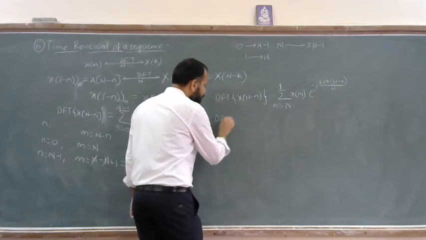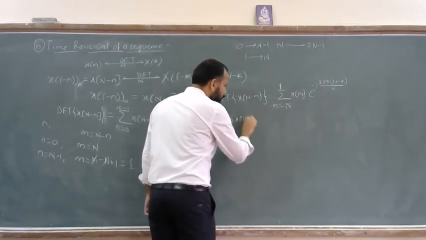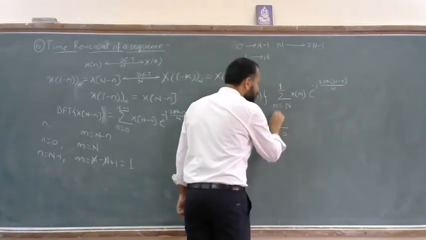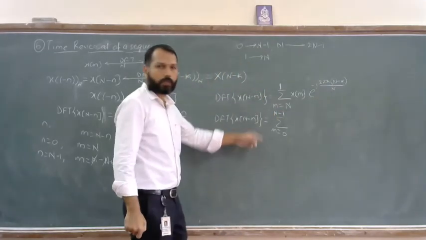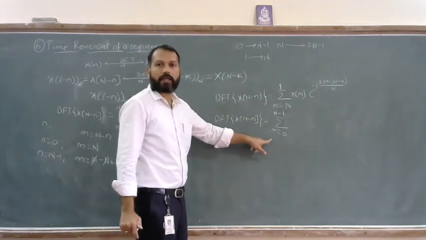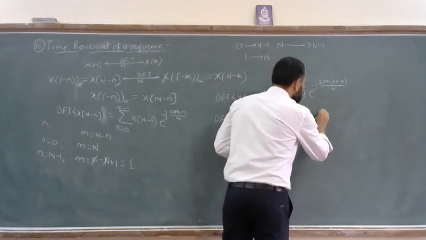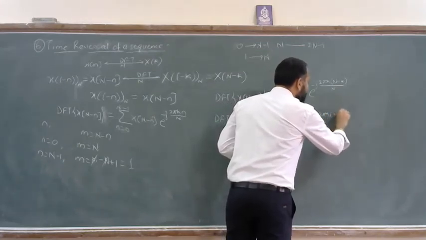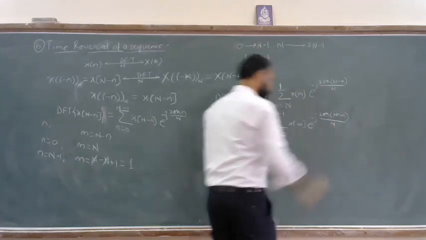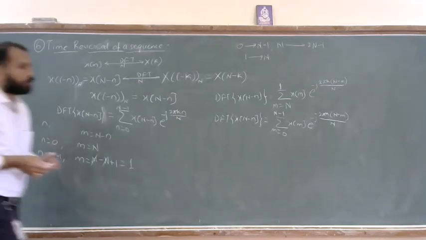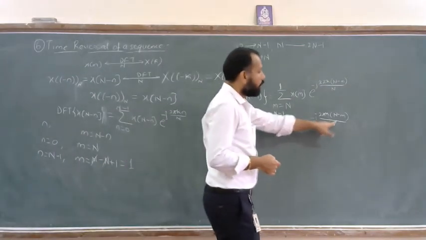So, rewriting, DFT of x of (N minus n) equals summation n equals 0 to N minus 1 this time, because both have capital N number of samples, of x of m e to the power minus j 2 pi k (N minus m) divided by capital N. Is this okay? Okay. Now decompose this exponential.